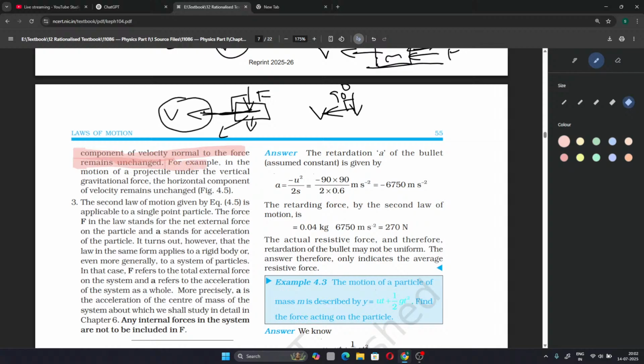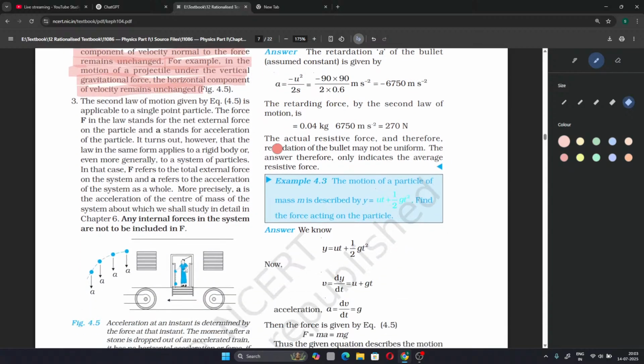For example, in the motion of a projectile under the vertical gravitational force, the horizontal component of velocity remains unchanged. This we saw before in the trajectory of a projectile, where we have sine theta and cos theta components. When we consider the horizontal component, it will remain unchanged when there is no air resistance or such.